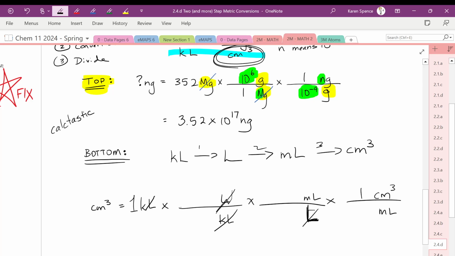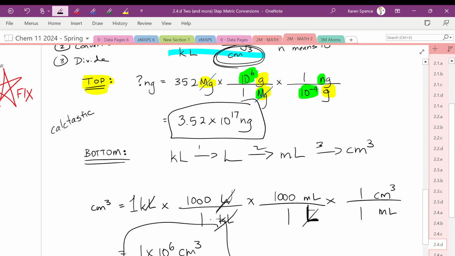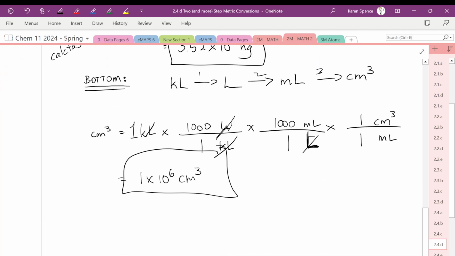Now, I know there's 1 centimeter cubed per 1 milliliter. I also know there's 1,000 milliliters per 1 liter, and 1,000 liters in 1 kiloliter. So that would be 1 times 10 to the 6 centimeters cubed. Then you would take these nanograms and divide by those centimeters cubed and you would be done.